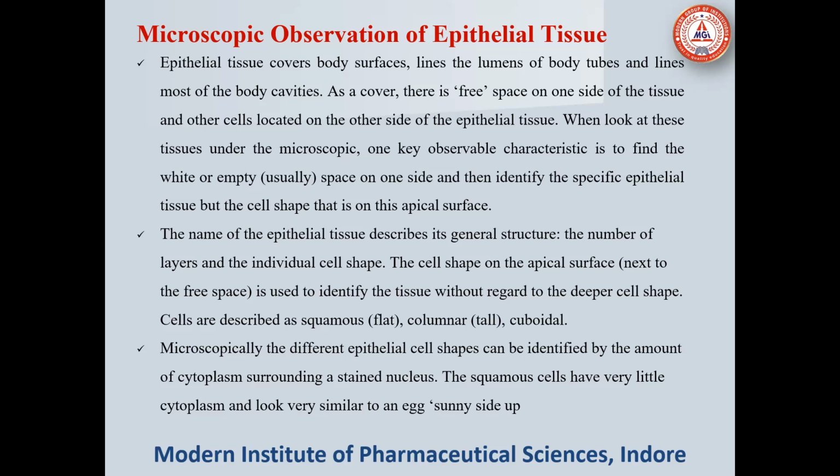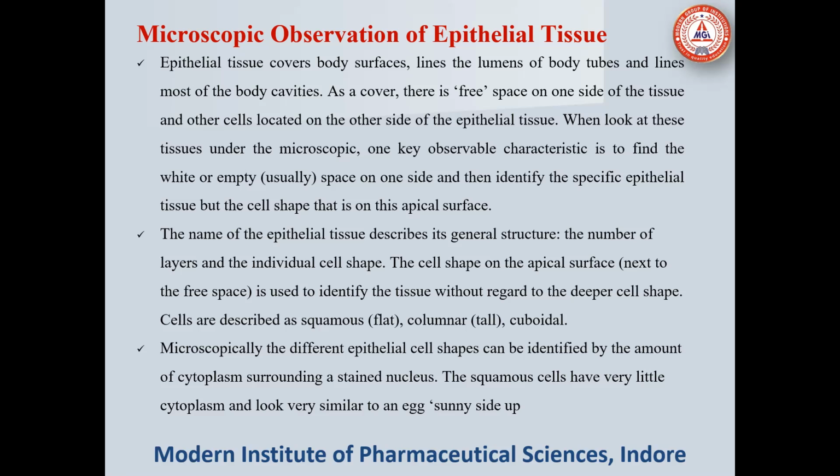Cells are described as squamous, that is flat, columnar, that is tall, and cuboidal, that is cube shaped. Microscopically, the different epithelial cell shapes can be identified by the amount of cytoplasm surrounding a stained nucleus.